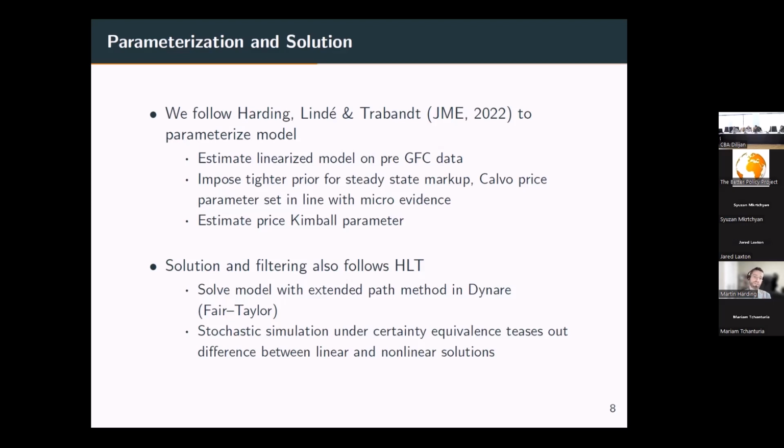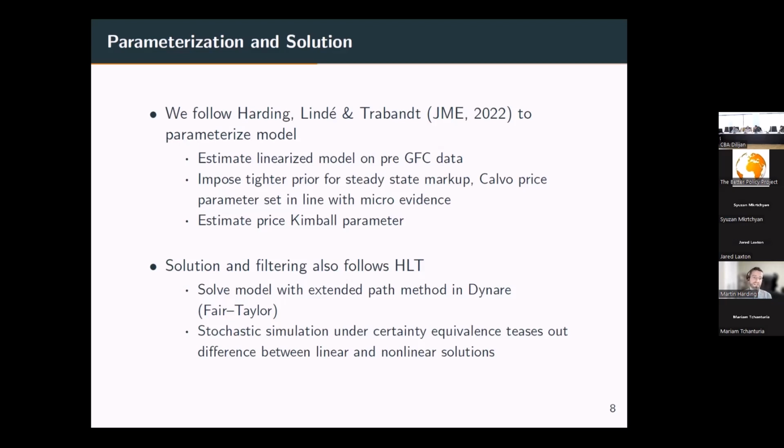So what we're going to do is impose a tighter prior on that steady state gross markup. We're going to fix the Calvo price parameter in line with micro evidence to 0.67, and we're going to estimate the Kimball parameter. Smets and Wouters estimate the Calvo parameter and fix the Kimball parameter.